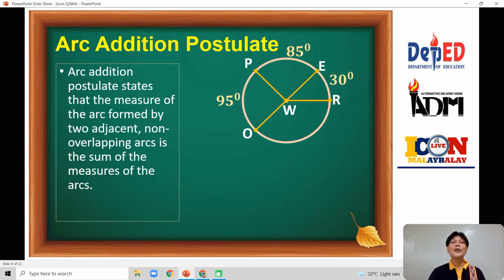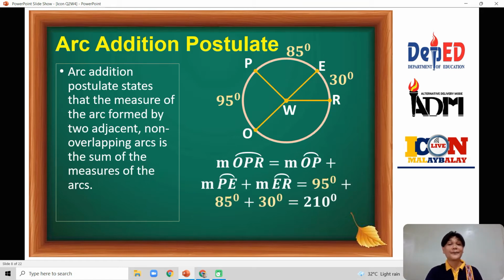Now, if we are going to solve for the measure of the major arc OPR, then we are just going to add, following the Arc Addition Postulate. Say the measure of arc OPR is equal to the measure of arc OP plus the measure of arc PE plus the measure of arc ER, which is equal to 95 degrees plus 85 degrees plus 30 degrees.